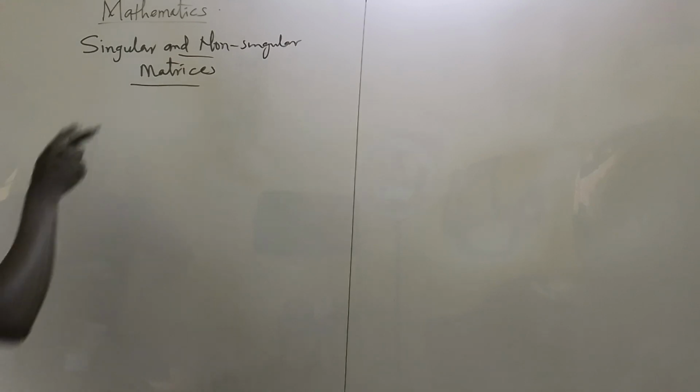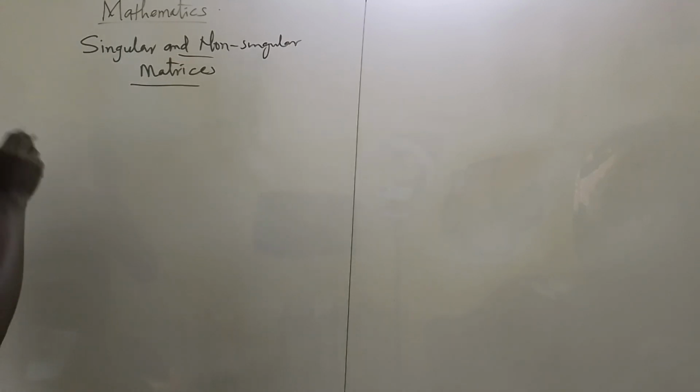Now when we talk about a singular matrix, a matrix is said to be singular if the determinant of such a matrix is 0.